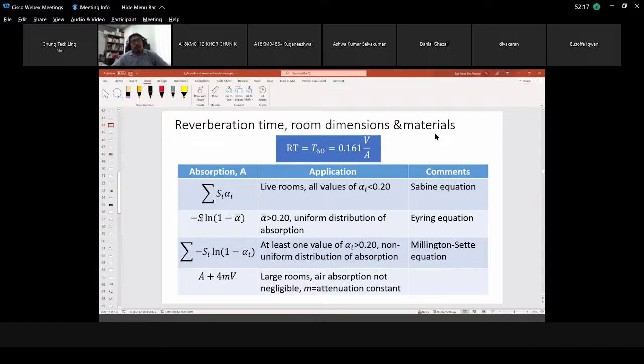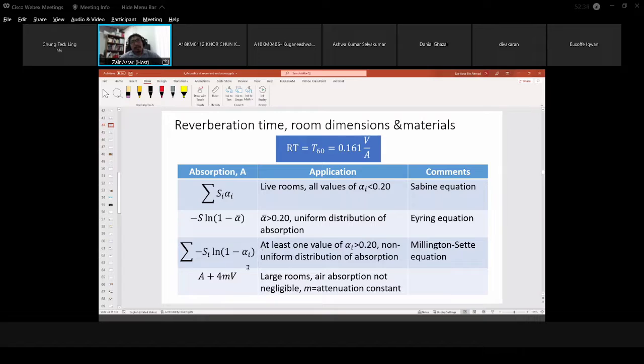It's a different equation already. And if we have a non-uniform distribution with alpha i larger than 0.2 for at least one material inside that room, we use the Millington-Sette equation.